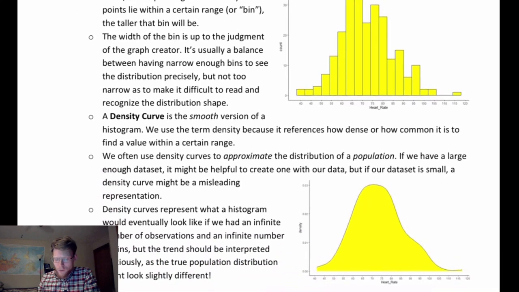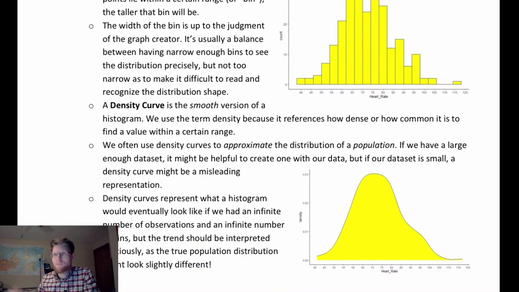A density curve is another representation that's essentially the same thing as a histogram. The only difference is that we're just smoothing out the edges. This is something that we would commonly do if we're trying to represent the population or a large amount of data. So this is the trend that we see in this variable.